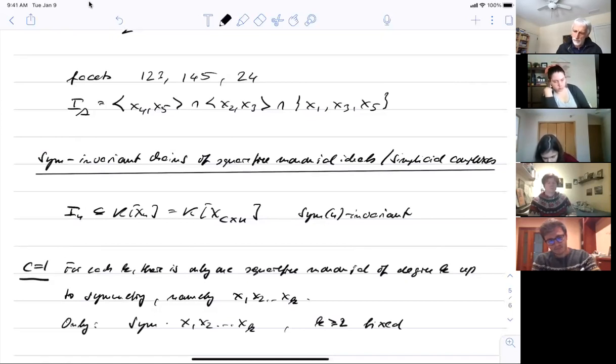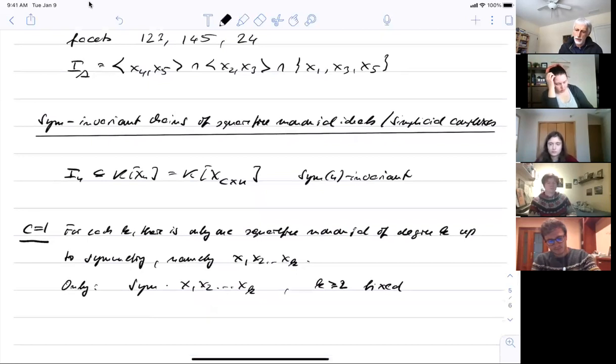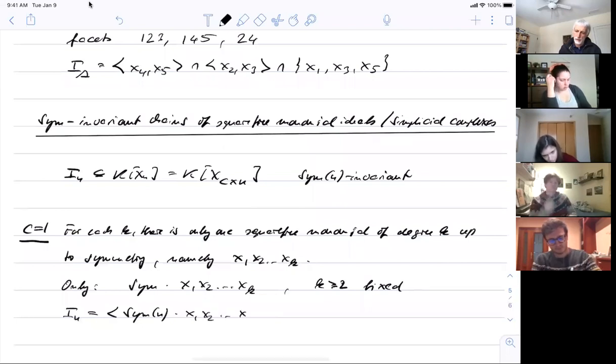So in other words, what is our ideal I_n? It's just obtained from this monomial by applying permutations of n letters on this monomial.